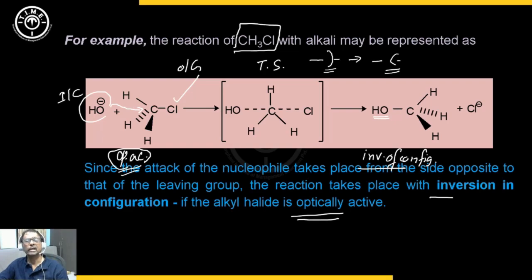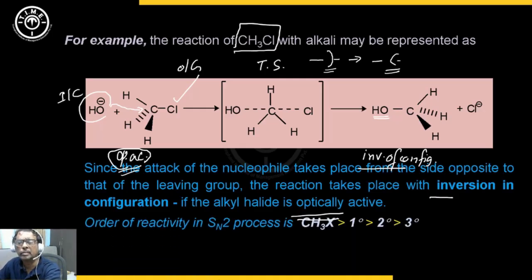There we said that the SN1 reaction is a 2-step reaction or a minimum 2-step reaction, and here there is a 1-step reaction. There we got an intermediate, here we don't have an intermediate. There we had a polar protic solvent, and here we have a polar aprotic solvent. So like that we have points of difference which we have now summarized. Methyl halide is the one which undergoes SN2 very easily because the path is clear for the nucleophile to come and attack the carbon.